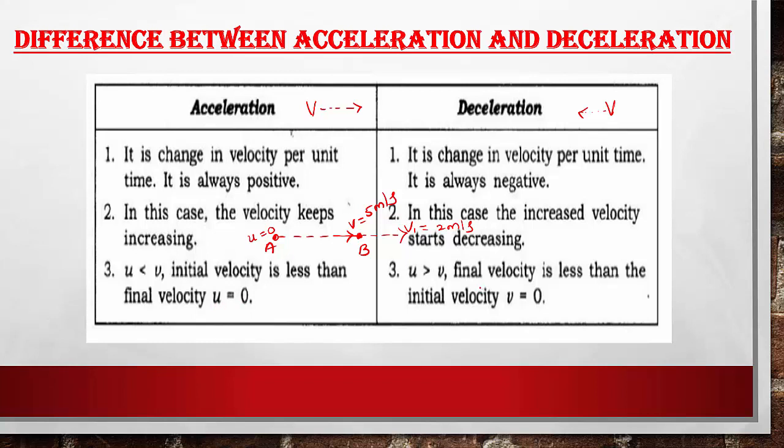But in deceleration, the initial velocity is greater than the final velocity. Why? Because in deceleration velocity decreases, so the final velocity is less than the initial velocity. So here the final velocity v equals 0.